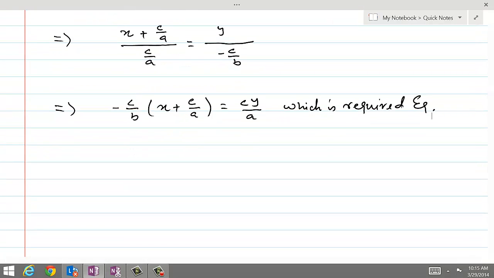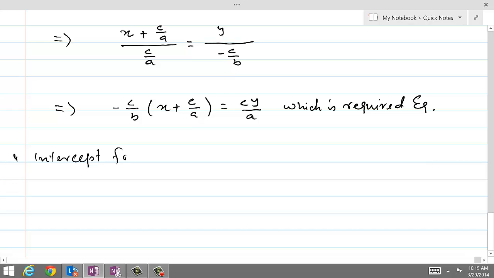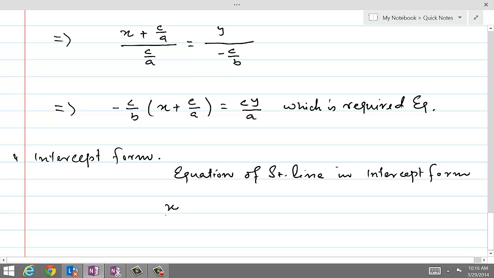And now if we want to reduce it to the intercept form, we know that the equation of a straight line in intercept form was x over a, which is the x-intercept, plus y over the y-intercept equal to 1.